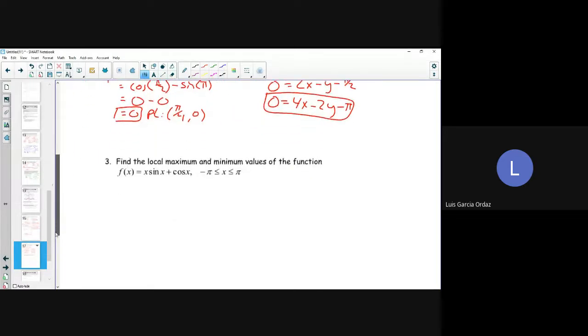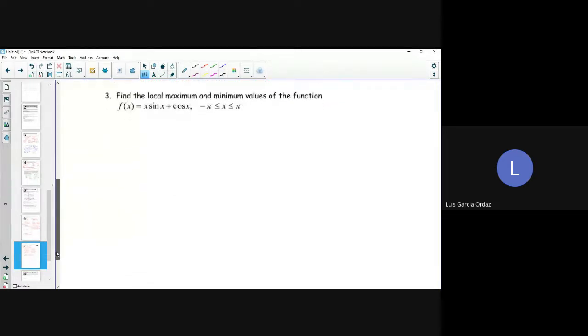And then last but not least, I find the local max and min values of the function f of x equal to x times sine x plus cos x.